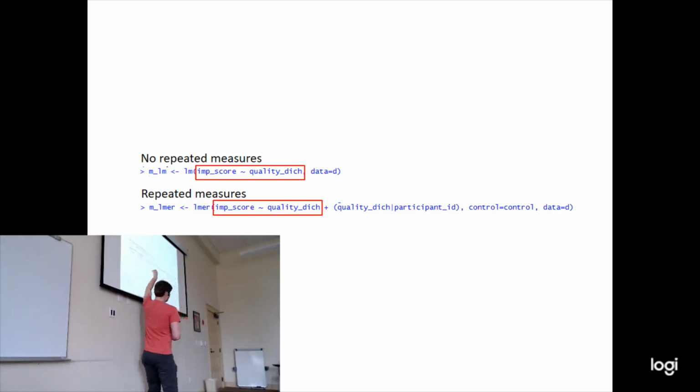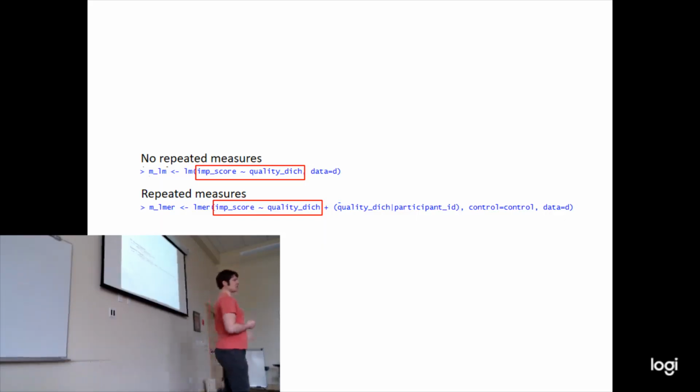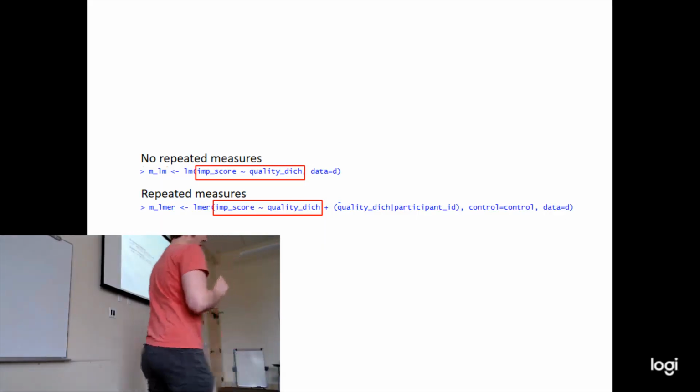And actually, this part of the formula is exactly the same as it was in lm. We still have an outcome variable called m-score, the overall impact score. We still have a predictor variable called quality dichotomous, which is dichotomous in this case. So that part is the same.